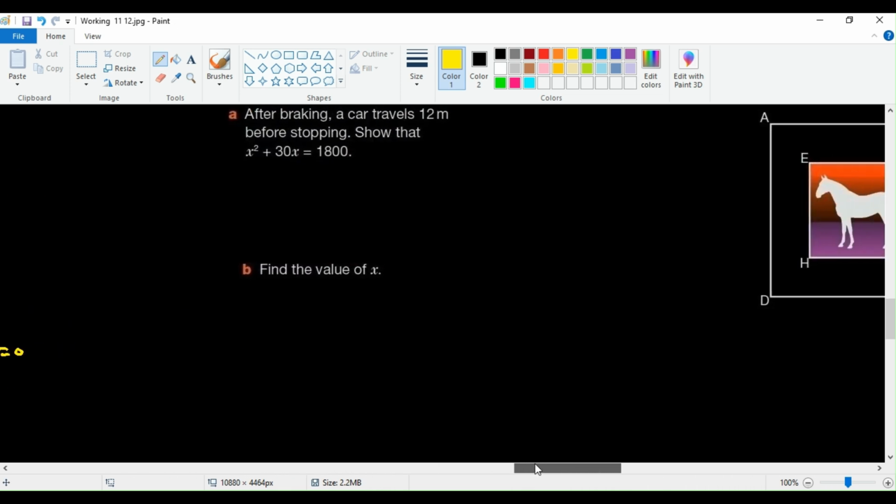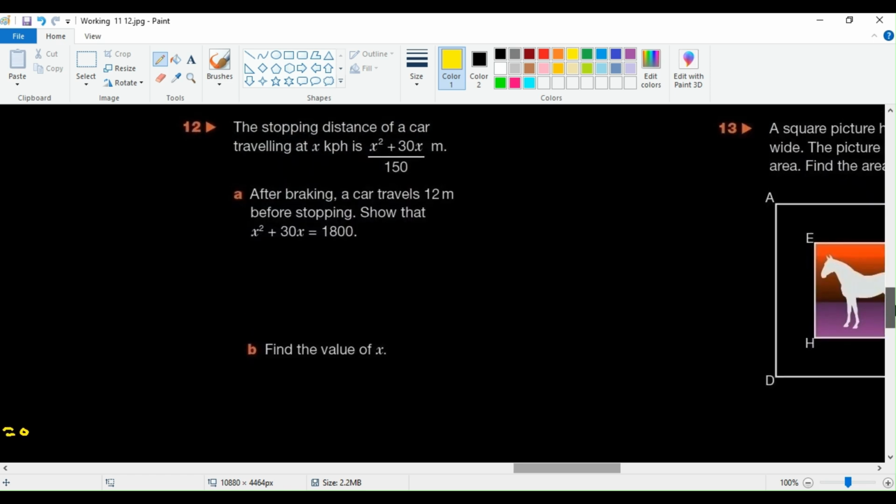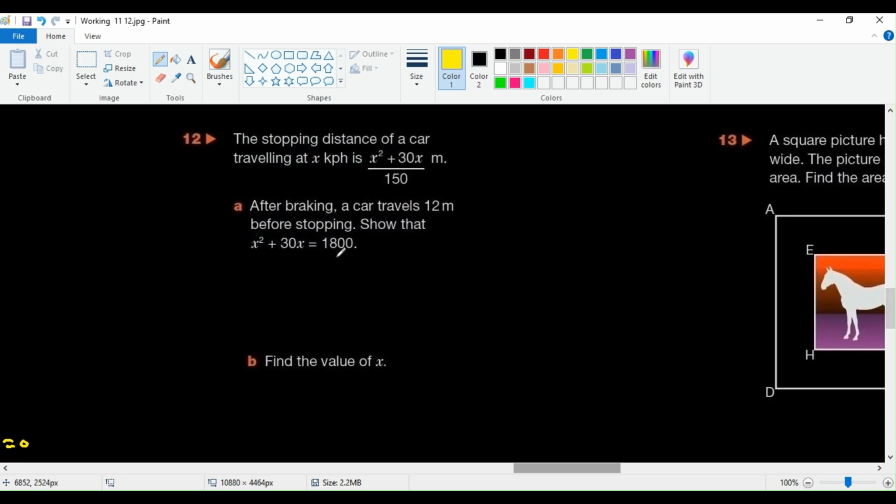Moving on to the next question. It says that the stopping distance of a car traveling at a speed of x kilometers per hour is (x squared plus 30x) divided by 150 meters. That means after braking, a car travels 12 meters before stopping. That means x squared plus 30x over 150 is the equation for the distance traveled, and it equals 12.